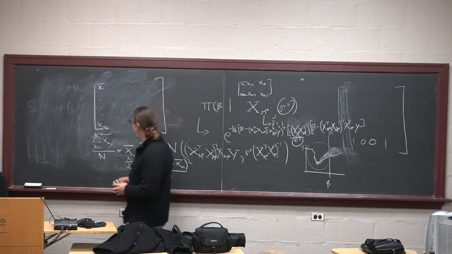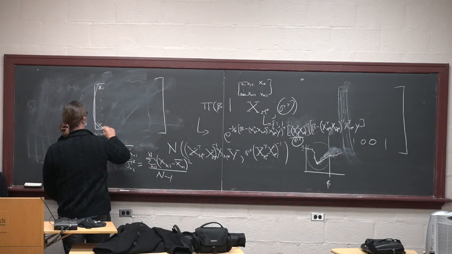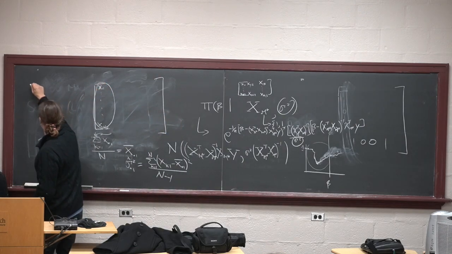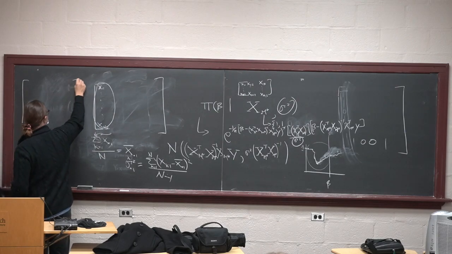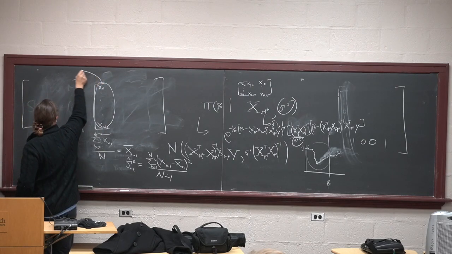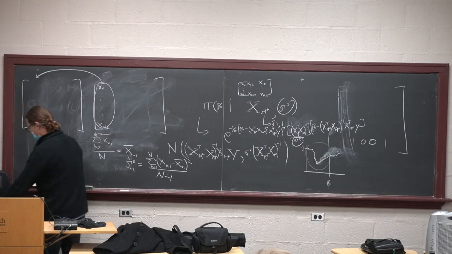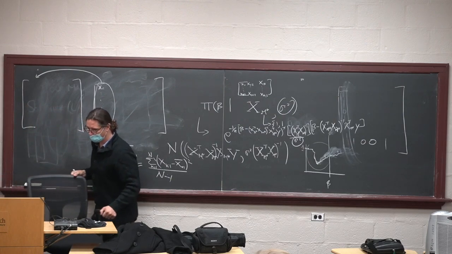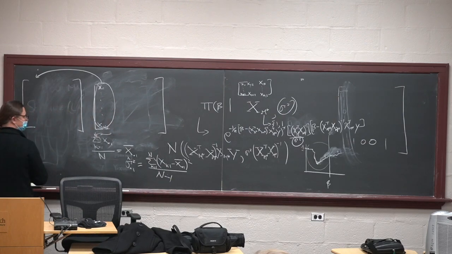So what I would do with this is I would take this column right here. So I'm going to remake a new matrix. And I'm going to take all of these entries right here. And I'm going to take x11, and I'm going to subtract off the mean, and I'm going to divide by sigma.